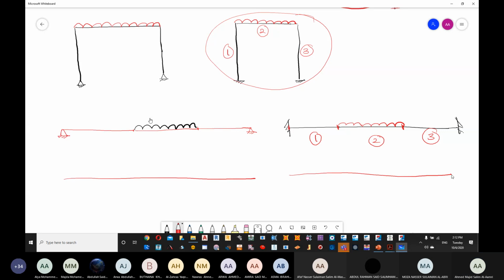Now this support, is it continuous or discontinuous? Continuous, discontinuous. Okay. So that's not continuous. It means that the bending moment in this point is equal to 0, and in this point it is equal to 0.